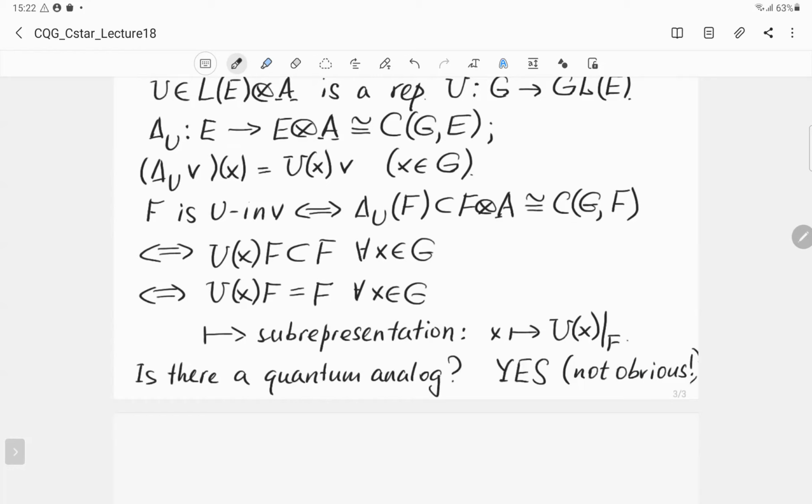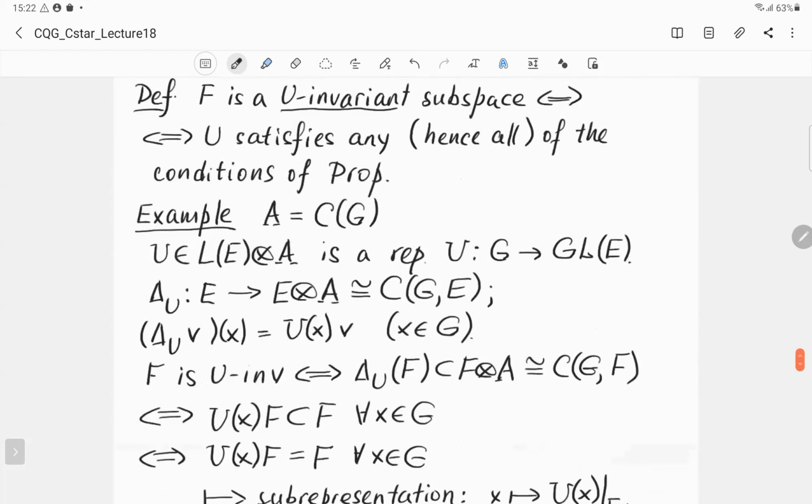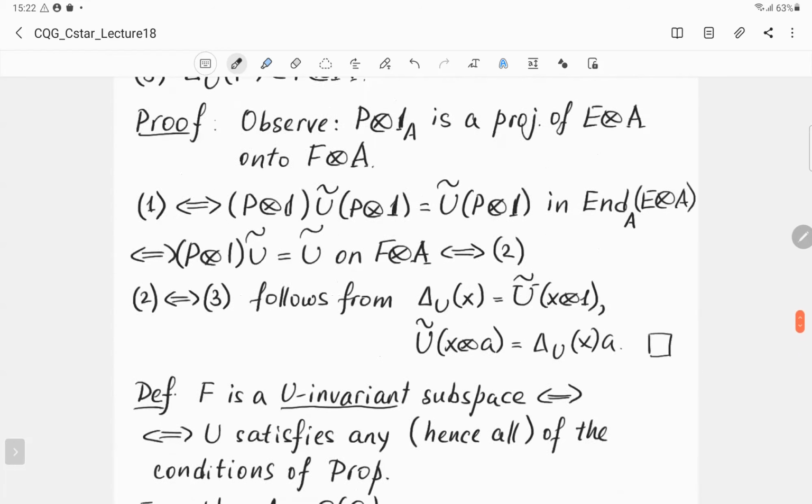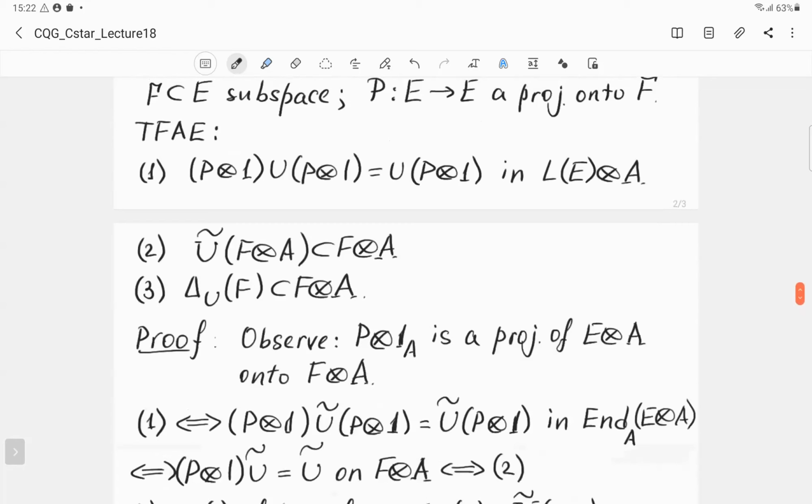The reason is that if we look again at the definition of an invariant subspace, for example, let's look at condition 2. By assumption, U is invertible, or currently U tilde is invertible. But in general, if we have this inclusion, it is not immediate at all that this inclusion is an equality.